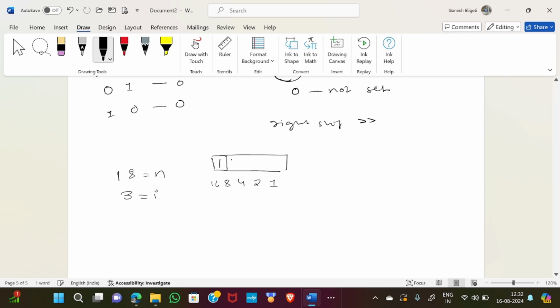So 18 will be 1, 0, 0, 1, 0. And I equals to 3, so 0, 1, 2, 3. So the answer we will get will be not set, because this is not 1.